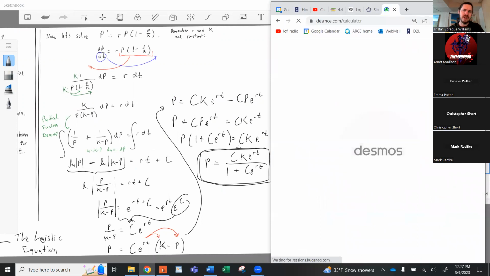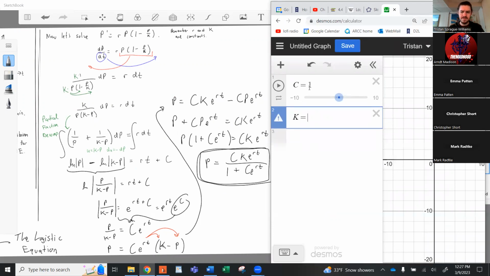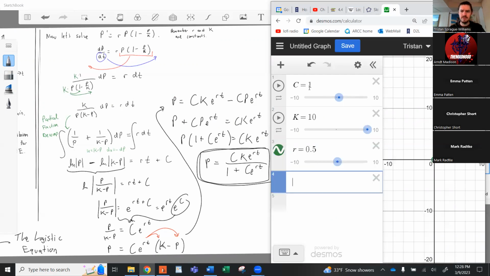I have C, K, and R. Let's have C equal 1. K, capital K, let's make that equal to like 10 or something, so we have a carrying capacity of 10. And then R, I don't know, let's have that equal a half for now and see what happens.